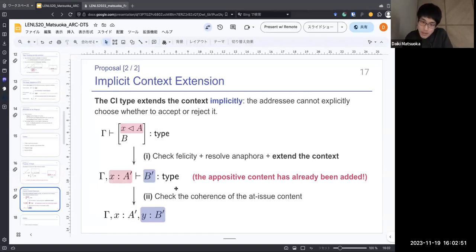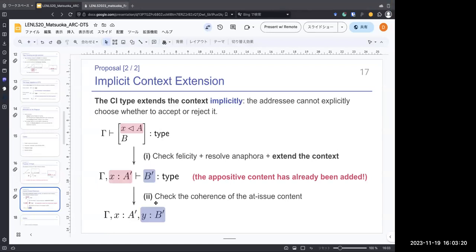If it is not coherent, then at this second step, semantic infelicity is predicted, and false appositives are captured here. In step 1, we don't care about the coherence of the context. It just extends the context or resolves the aspirant. In the second step, we check the semantic coherence or compatibility.